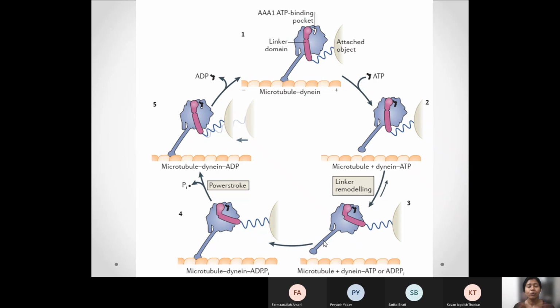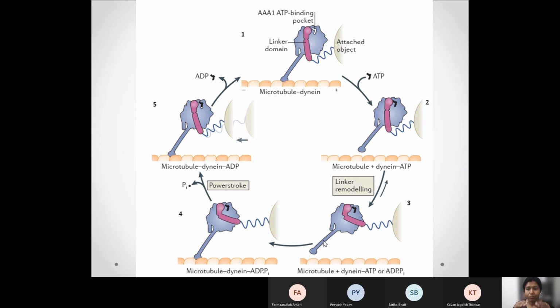So dynein motion, what I'm trying to emphasize here is that unlike kinesin, where one leg moves forward, the other leg moves forward, it's very periodic. Dynein motion is not so periodic. And in dynein, the two dynein heavy chains can have a sort of independent movement of each other.